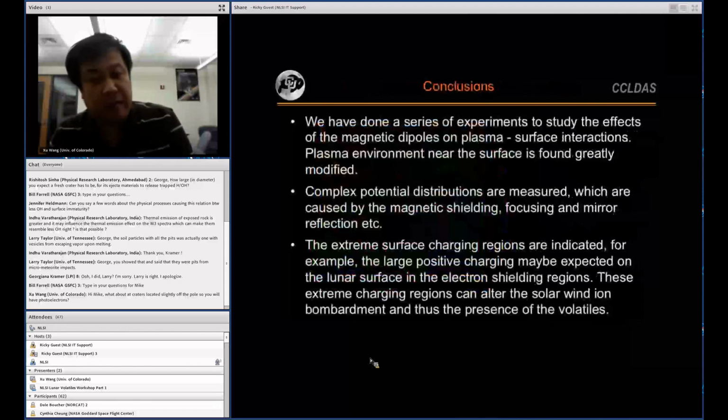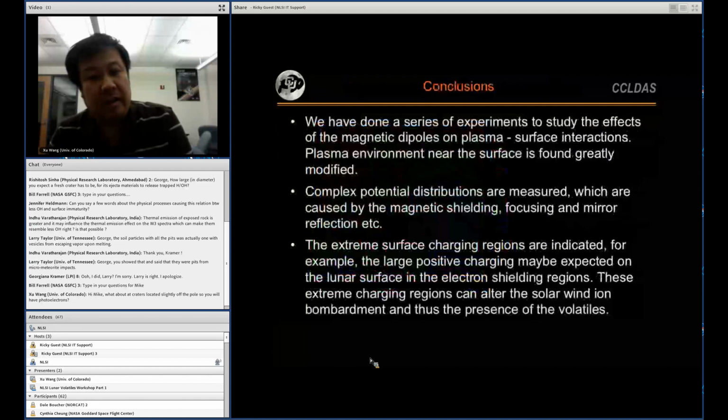Okay, in conclusion, we have done a bunch of experiments to study how the dipole field altered the plasma surface interaction. We found a great modification in the plasma environment near the surface, and we expect the same thing will happen on the moon.